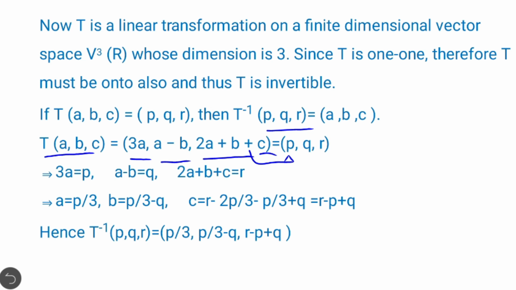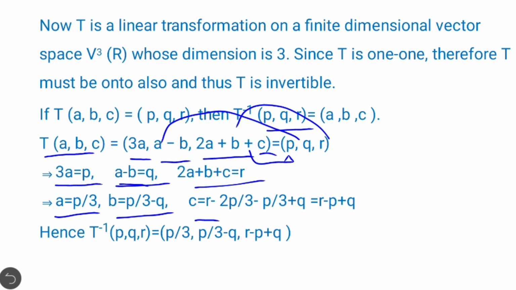So p equals 3a, q equals a minus b, and r equals 2a plus b plus c. The value of a will be p by 3. Substituting this into the second, b equals p by 3 minus q, and the value of c will be r minus 2a minus b, which comes out as r minus 2p by 3 minus p by 3 plus q, which is r minus p plus q.